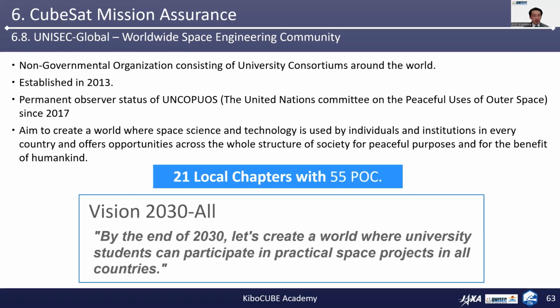Especially our vision, 2030 for All, says that by the end of 2030, let's create a world where university students can participate in practical space projects in all countries. I would very much like to recommend you to be a part of this community.